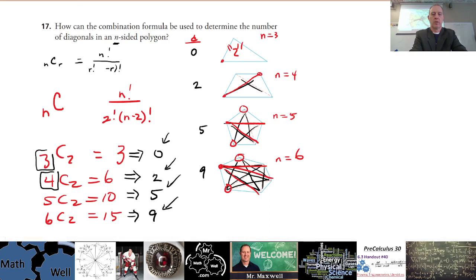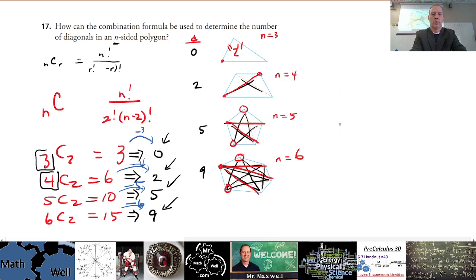So if we look at this further, this is the last thing that you want to notice. How do we go from 3 to 0? How do we go from 6 to 2, 10 to 5, and 15 to 9? Well, here we minus 3, here we minus 4, here we minus 5, and here we minus 6. So what that means is that you subtract the n value from the combination formula.